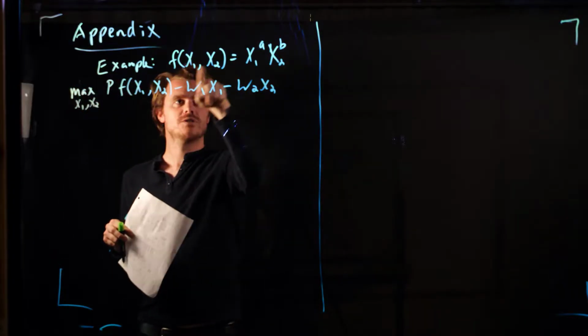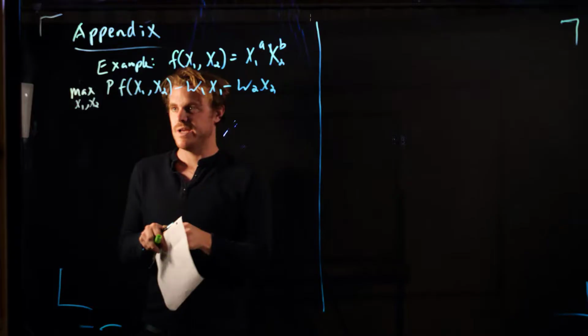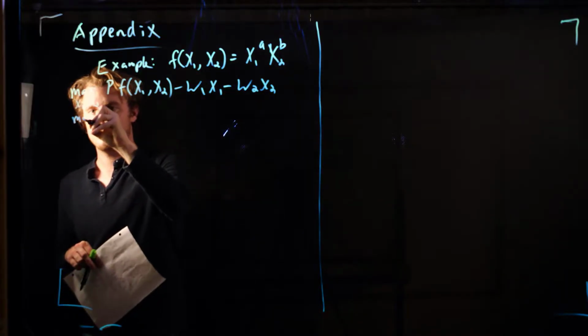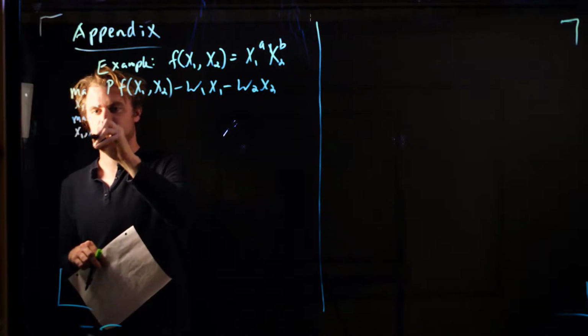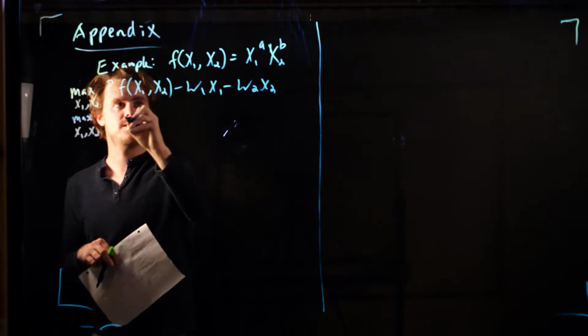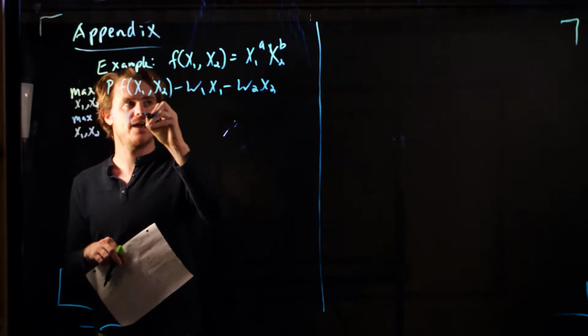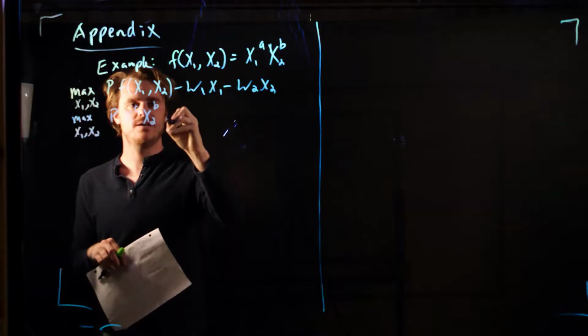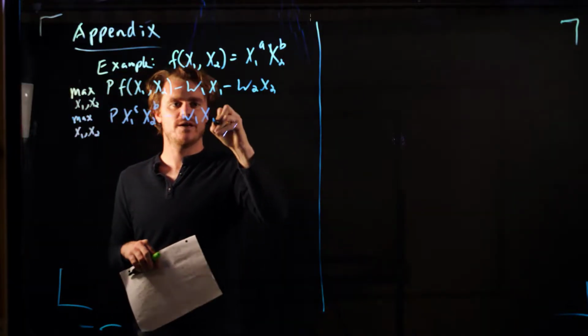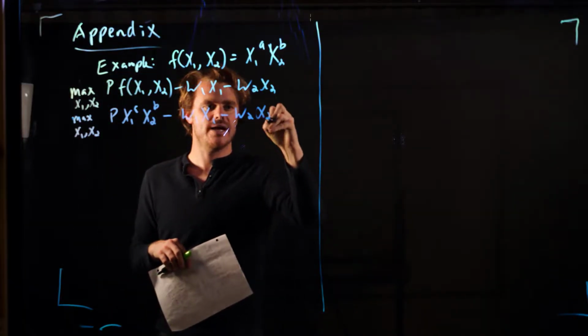Here we're just going to plug in our production function. So our problem is max over x1, x2, those are our choices, of p x1^a x2^b, minus w1 x1, minus w2 x2.